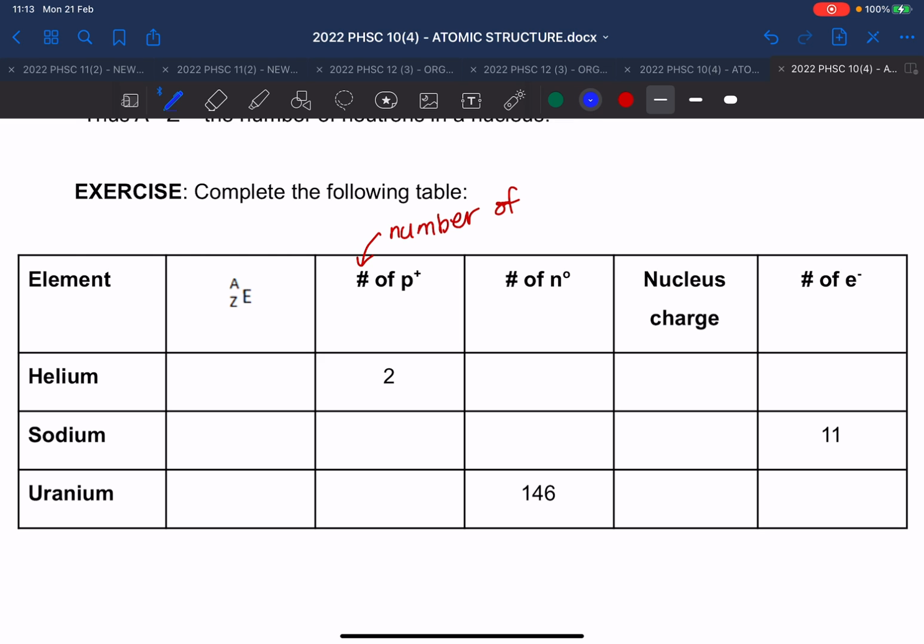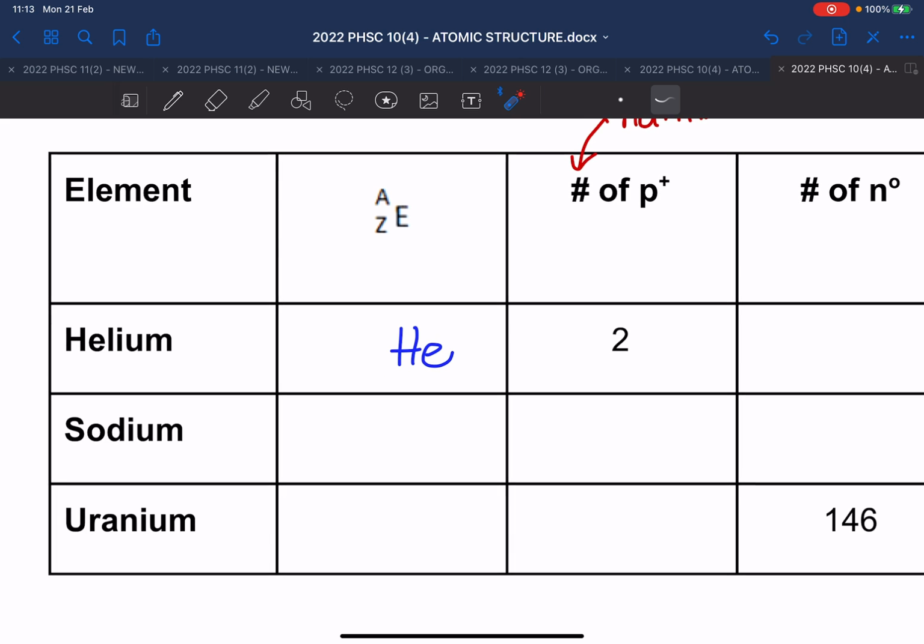Wait a minute, what is helium's symbol? He. At the top, this A here, is that the mass or the atomic number?